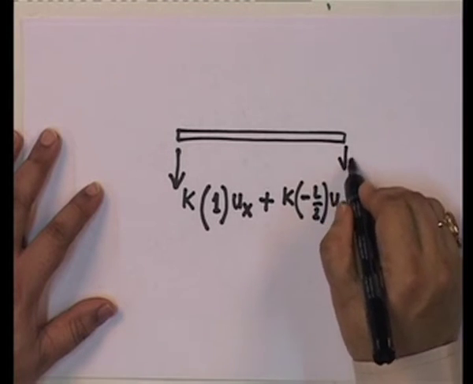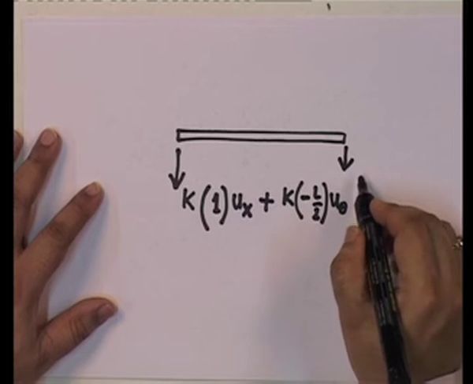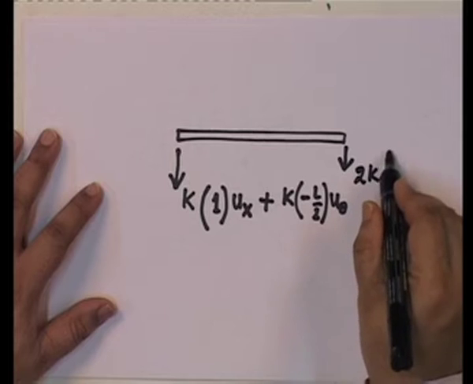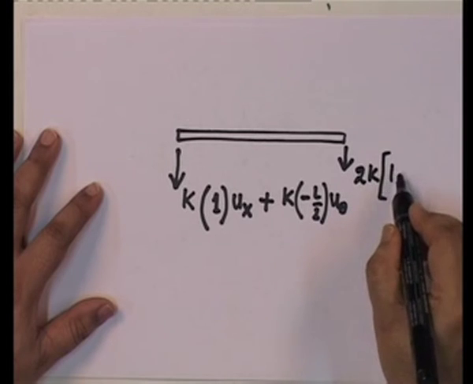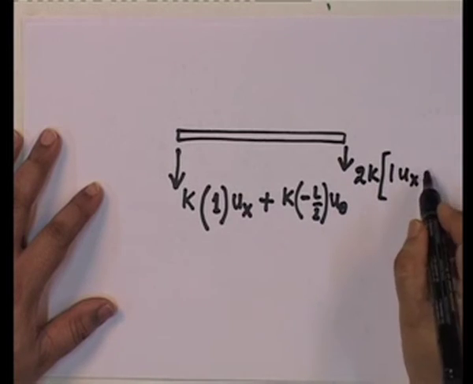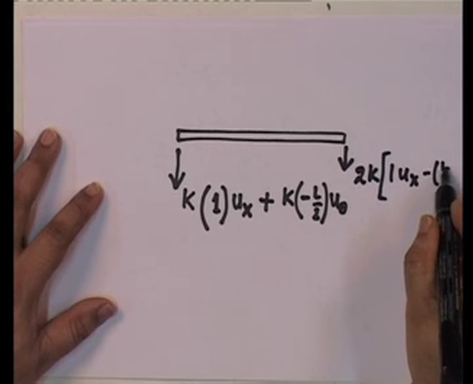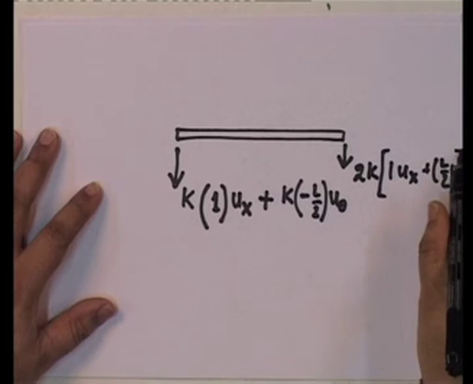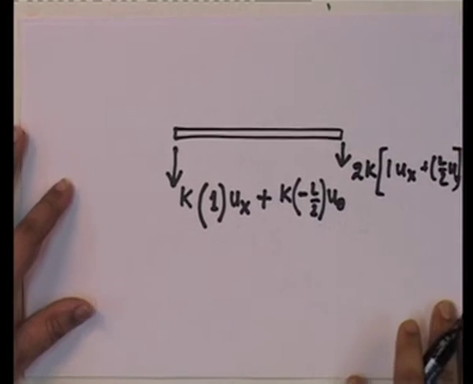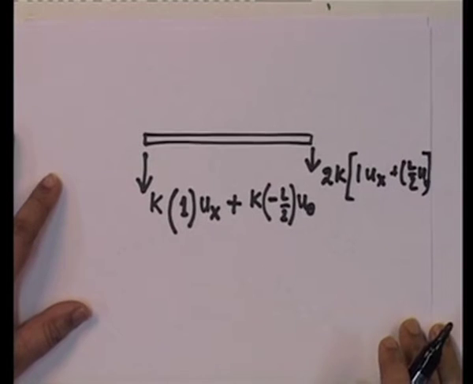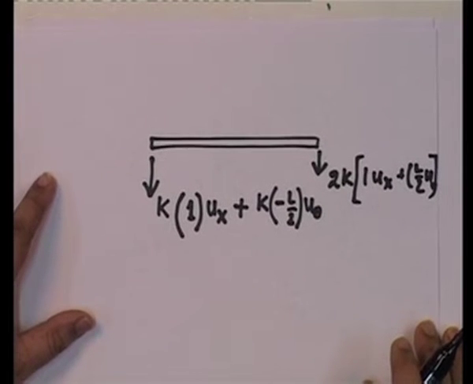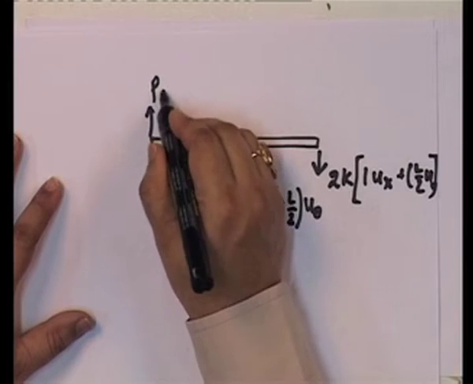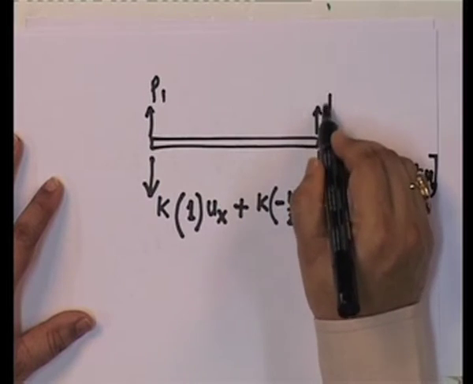Over here, this is going to be equal to 2k into 1 into u x plus L over 2 u theta.